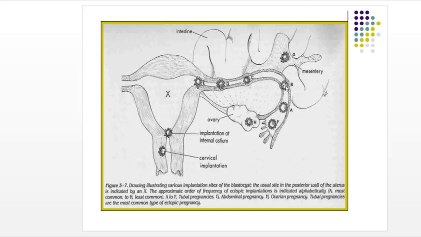Other sites for ectopic pregnancy are the surface of the ovary, the surface of the mesentery, the abdomen, and other sites of the pelvis.